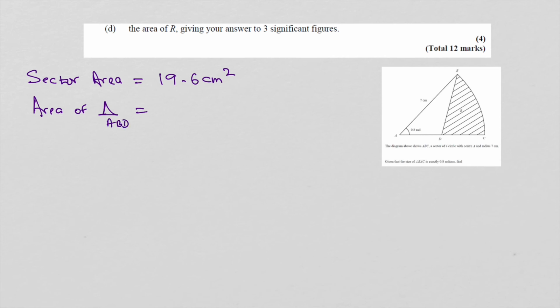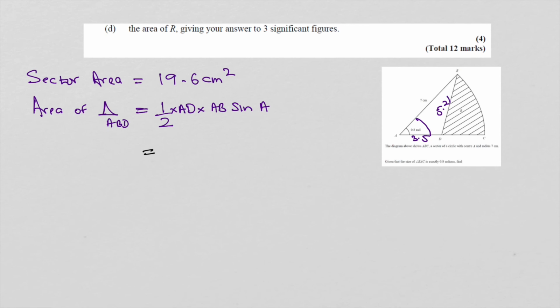And the area of the triangle ABD, I know this side here, it's 3.5. To find the area of the triangle, I have to use a half AD times AB times sine A. We have to work in radians.